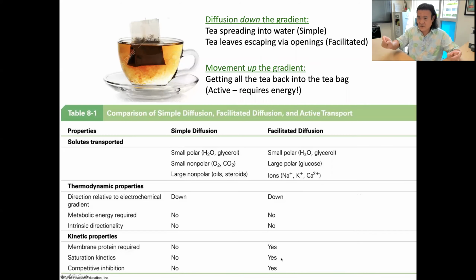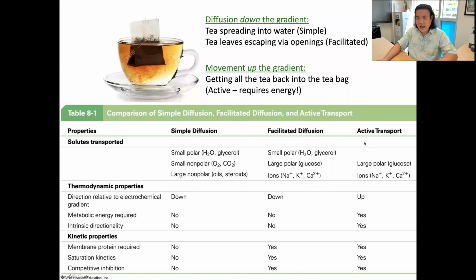Because anytime you need to have proteins to move things through, you only have a finite number of those proteins, right? So they sort of represent the bottleneck for how fast you can actually move things in. And is there an opportunity for inhibition? Yes, right? Like the example we looked at when we were talking about the design of medications and drugs, right? You have the opportunity, if you can somehow change the shape of these proteins by binding something else to them, right? You can affect whether the cell can successfully move things in.